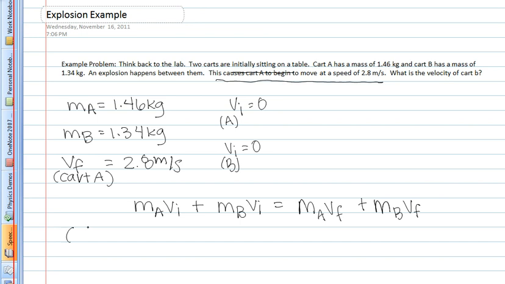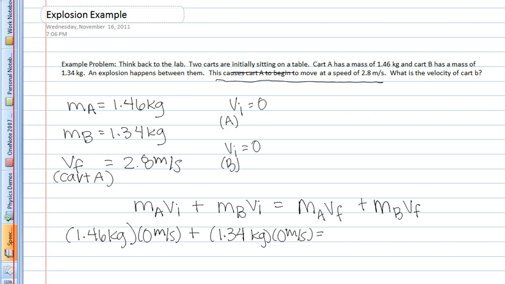Cart A has a mass of 1.46 kilograms, an initial velocity of 0 meters per second, plus cart B, which has a mass of 1.34 kilograms, and an initial velocity also of 0.